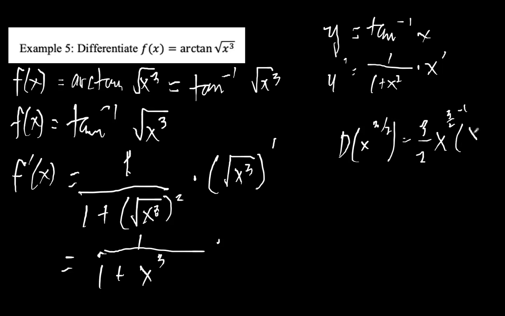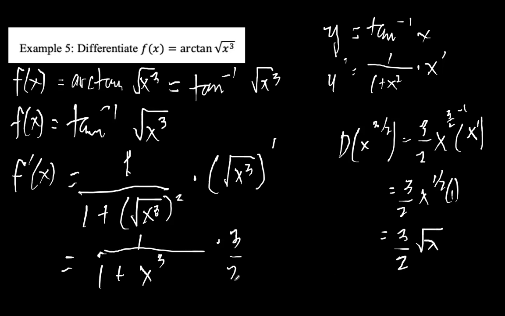So this is 3 halves x raised to 1 half times 1. So this is 3 halves times the square root of x.